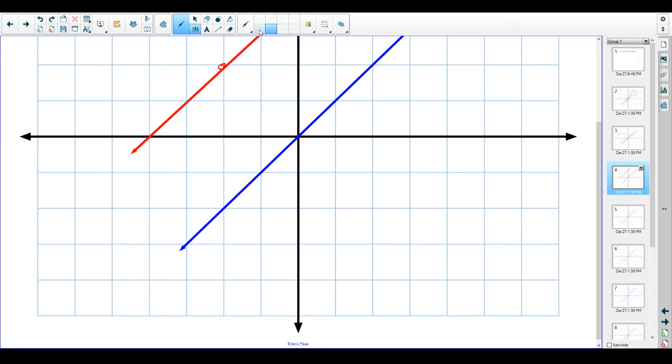Okay. What was I doing? Oh yeah. What if we shift it down 4? Why not? So y equals x minus 4. So 1, 2, 3. I'm gonna go down 4. Slope doesn't change. Then I connect my points.